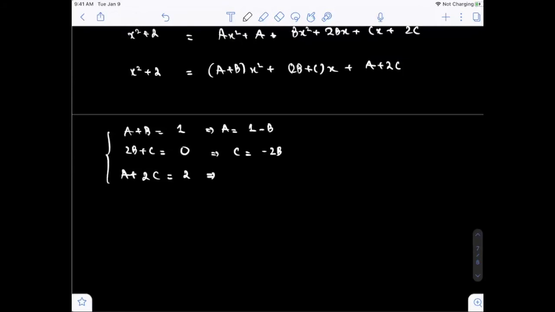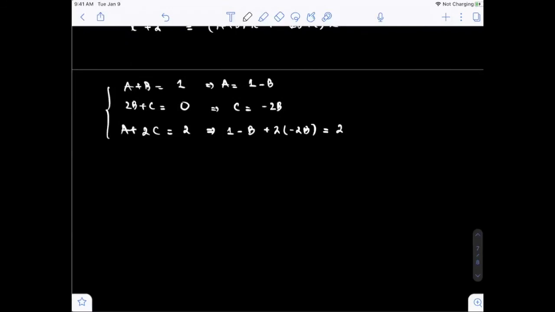So the last equation is 1 minus B plus 2 times negative 2B equal to 2. So from the last equation, negative 5B equal to 1. So B is equal to negative 1 over 5.